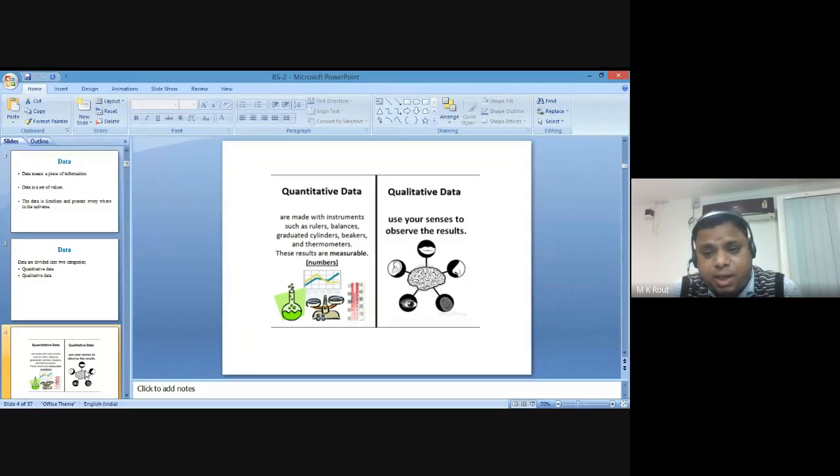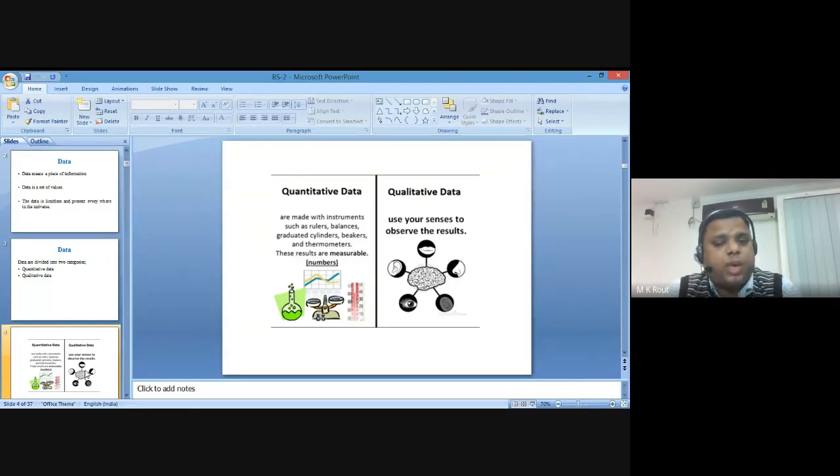In your intermediate classes or graduation classes, those who belong to a BSc or science background perform many types of experiments: the ruler and balance in physics, graduated cylinders and beakers and thermometers in chemistry. Whenever you use these instruments to measure a particular number, that data is easily measurable, and it is known as quantitative data.